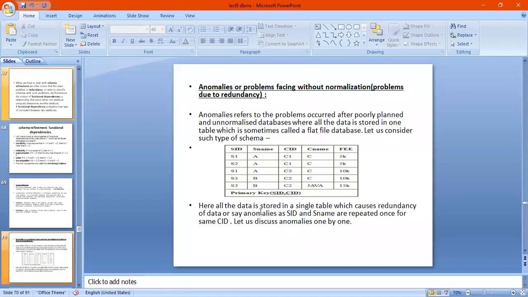Here all the data is stored in a single table, which causes redundancy of data, and anomalies, as SID and SNAME are repeated for the same CID. Let us discuss the anomalies one by one.